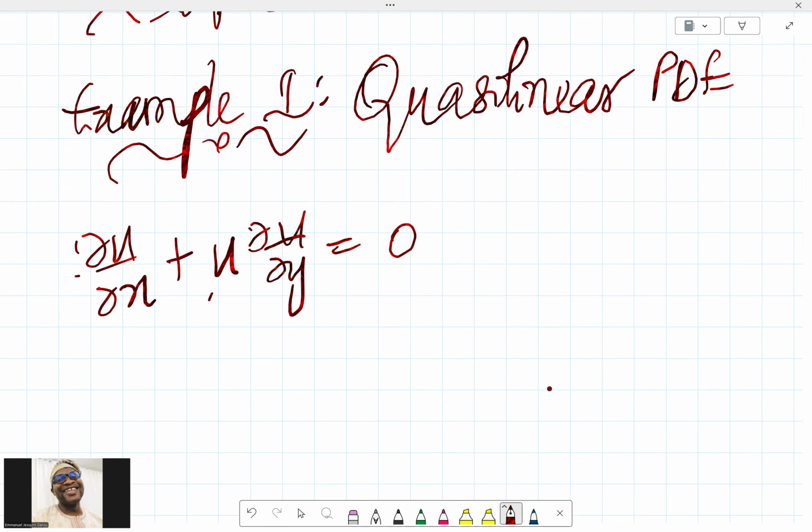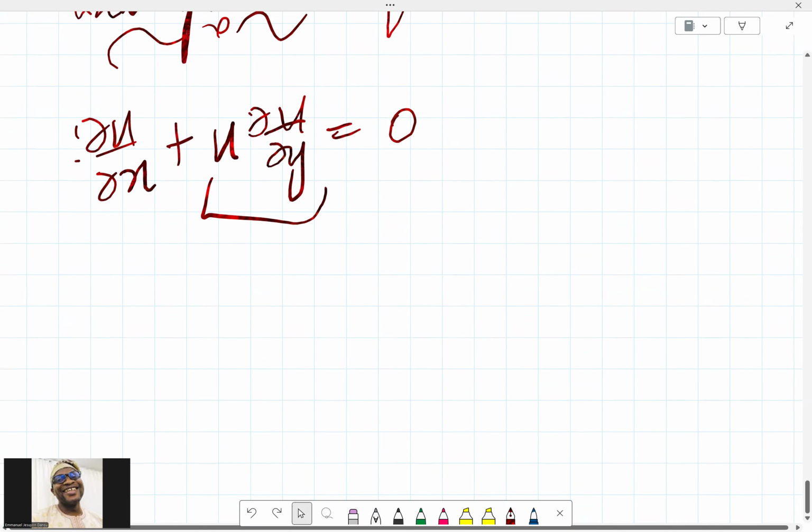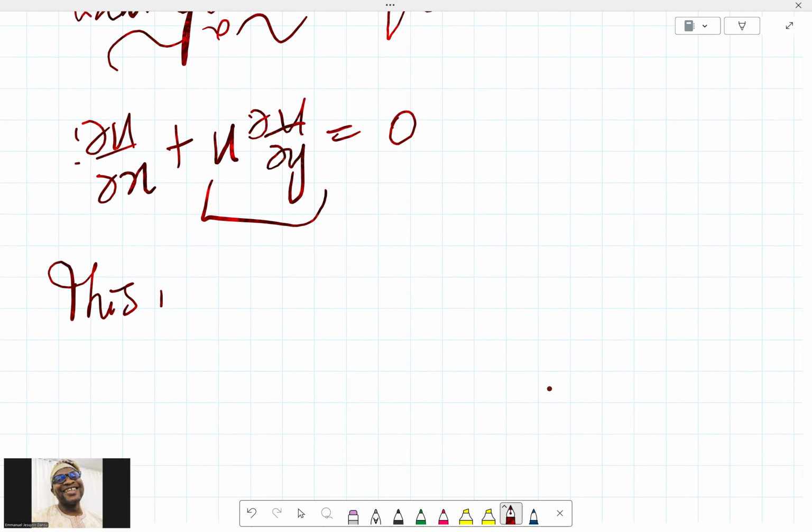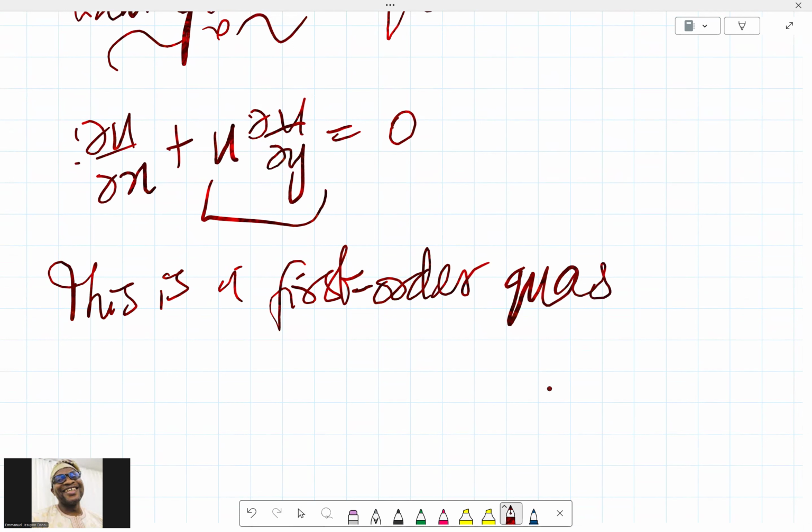Obviously, this is nonlinear, but we still have this one free, so we can take this as quasi-linear.